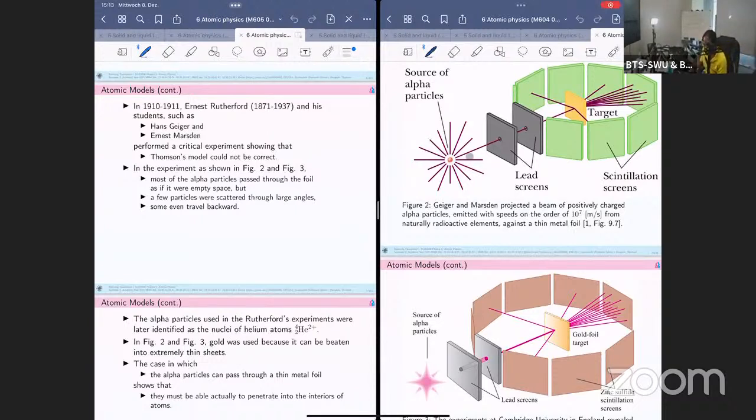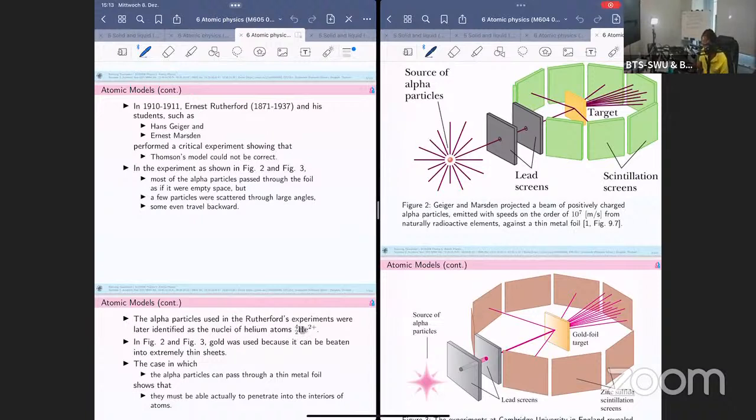They just take any isotope material, and this isotope will deliver the alpha particle. Let's talk about the alpha particle. What is that? If you can remember, an alpha particle is the nucleus of a helium atom, which is helium-4.